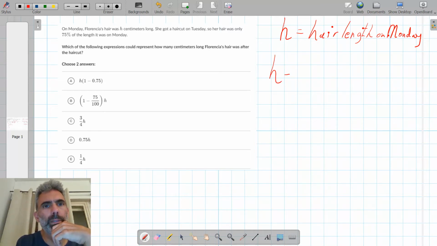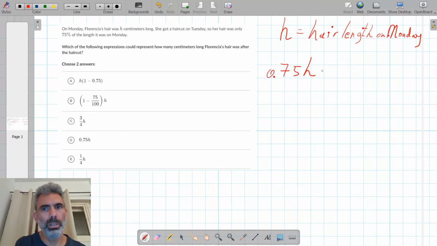H minus 75%, 0.75 H is the hair length on Tuesday.